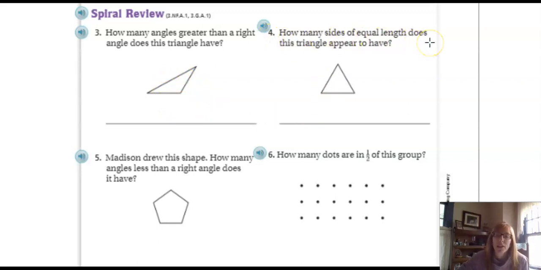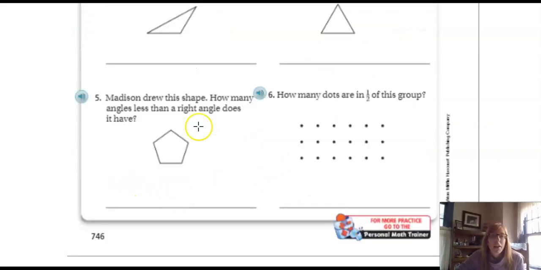How many sides of equal length does this triangle appear to have? Hopefully you see that it has 3, and it is called an equilateral triangle. Number 5 and 6, Madison drew the shape. How many angles less than a right angle does it have? Hopefully you see 0. These are all obtuse angles.